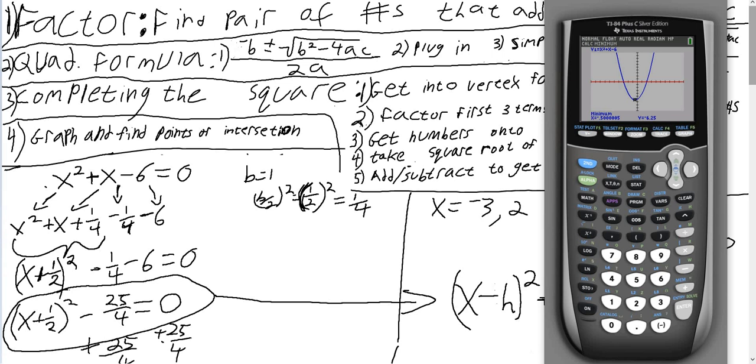It will give you the vertex, or at least it should. So you see the vertex is negative 0.5, which is negative a half. I'm not sure why it has that extra 0.5 there. And the y coordinate is negative 6 and a quarter.